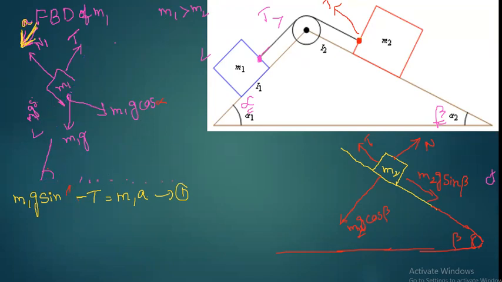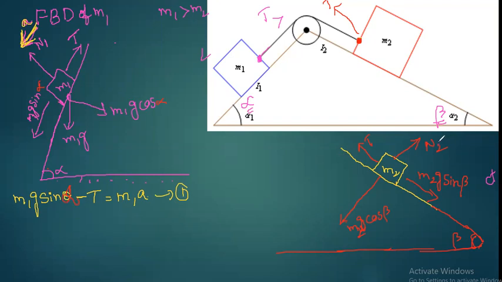Okay. Now what do you do? Now, wait a minute. Here you do one thing. M2G sin beta, M2G cos beta we got, and this is the normal. Okay, normal is N2. Why? Because the normals are different, because we have taken two inclined planes, not a single one.